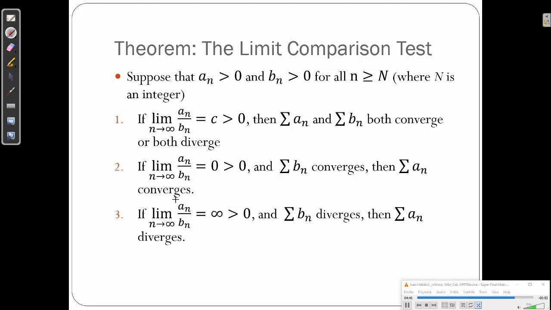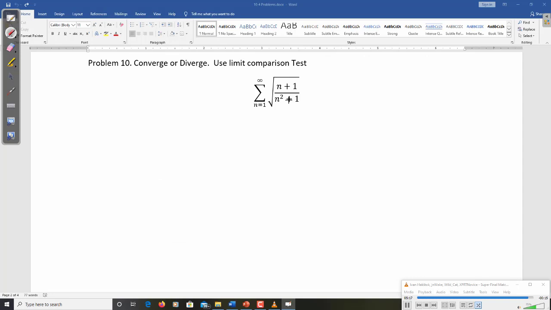So let's use the limit comparison test. What do you expect this series to behave like? Well, if you think about it just as the highest powers on the rational function, that's 1 over n, but 1 over n square rooted, which is different than 1 over n. So 1 over square root n.